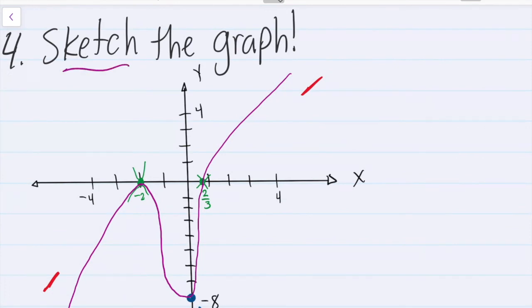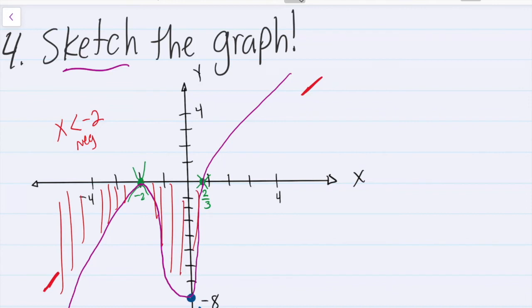And once again, if you want to check the intervals, which ones are positive and negative, look at this. When x is less than -2, the interval is negative. Look at that. Negative. Between -2 and 2/3, it's also negative.